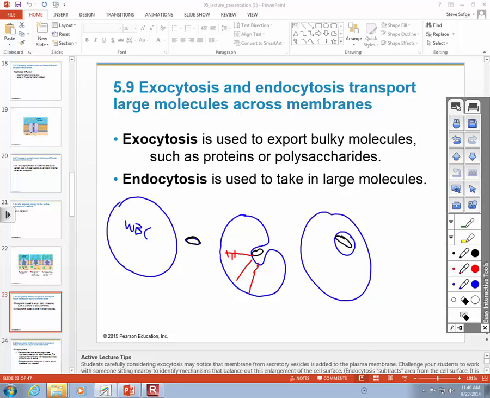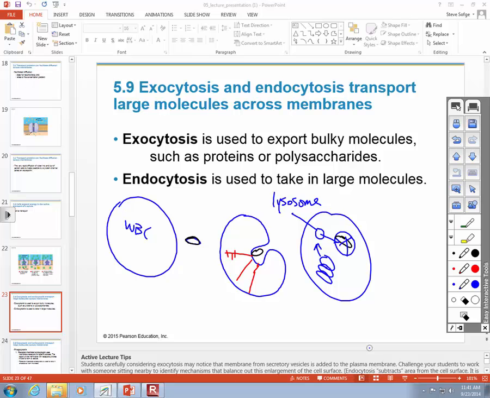Well, keep in mind we do have the Golgi apparatus that will produce lysosomes, and the lysosomes are digestive. So here's the Golgi, and here's a lysosome, which has digestive enzymes in it. And that will fuse with this and then digest the bacterium, or digest the spore, or digest the pollen grain, or digest the virus.